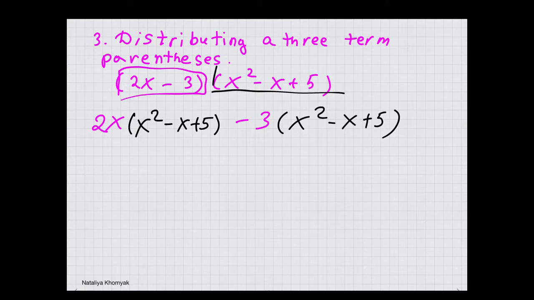Basically, when you distribute in parentheses, you distribute twice or 3 times, depending on how many parentheses you have. So we have x^2 minus x plus 5, and we're going to distribute this 2x.